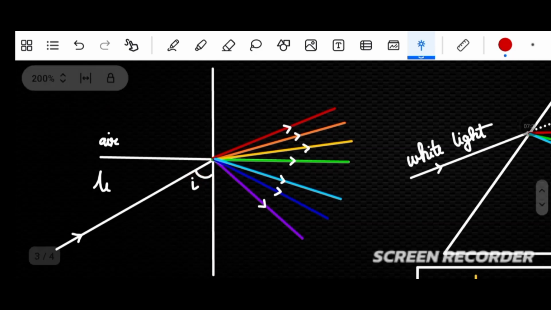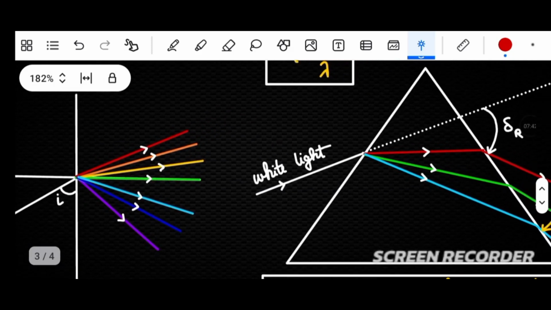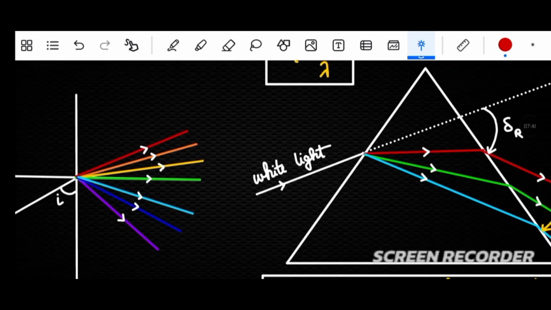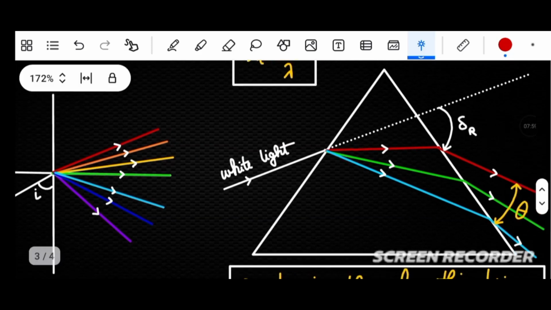Now if white light strikes the prism, then you see the dispersion here.